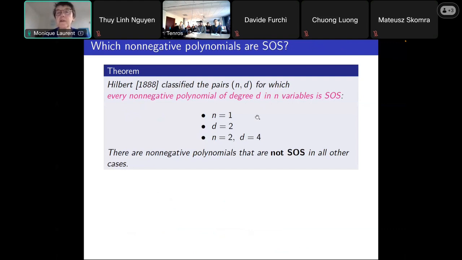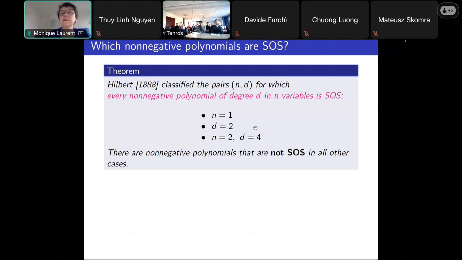It holds in three cases. The first one is for univariate polynomials, n equals 1. So the claim is a univariate polynomial is non-negative if and only if it's a sum of squares. The second case is degree 2. So a quadratic form is non-negative everywhere precisely when it is a sum of squares.